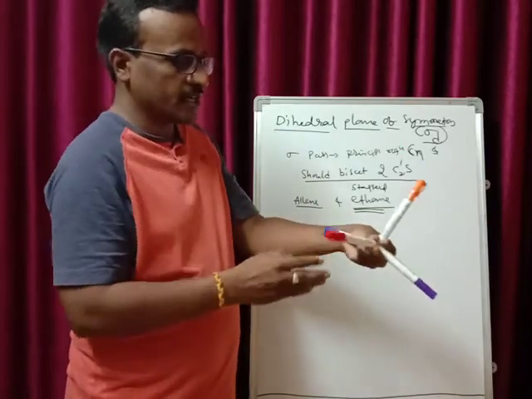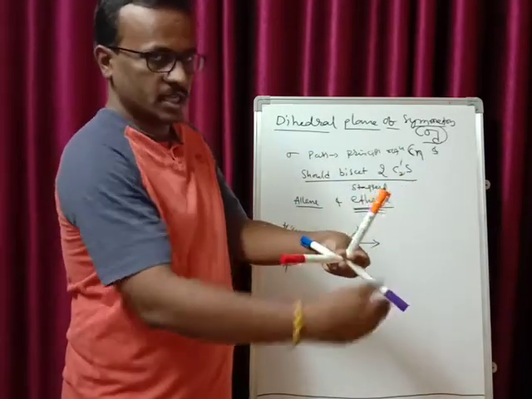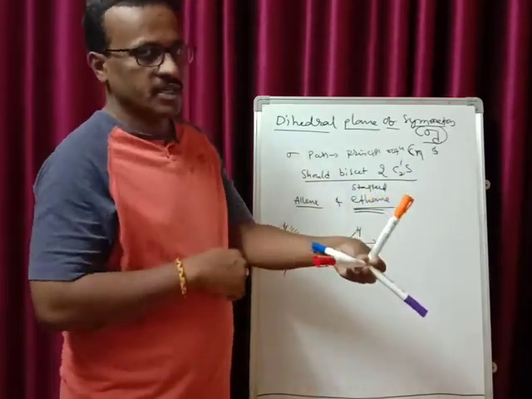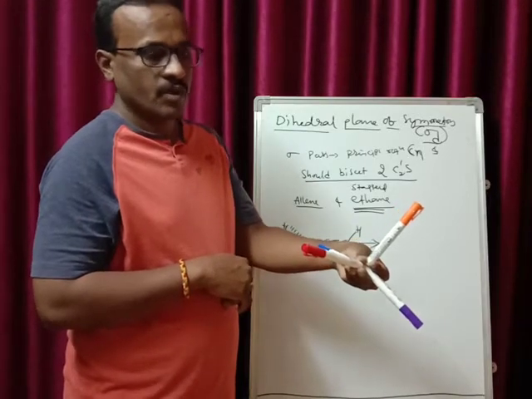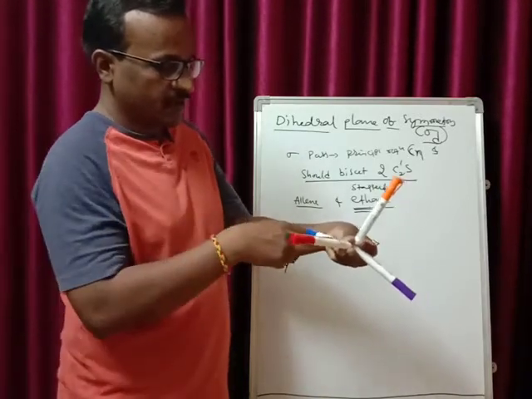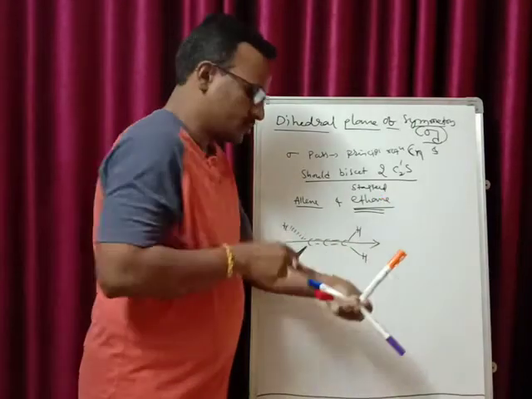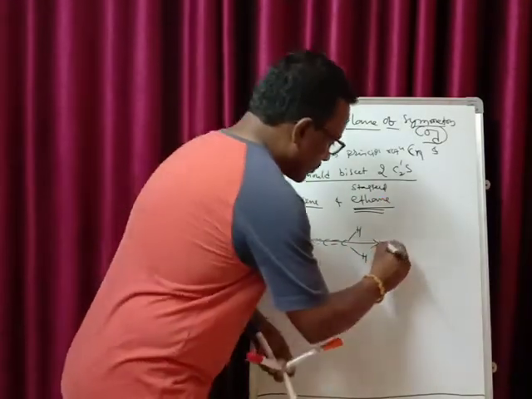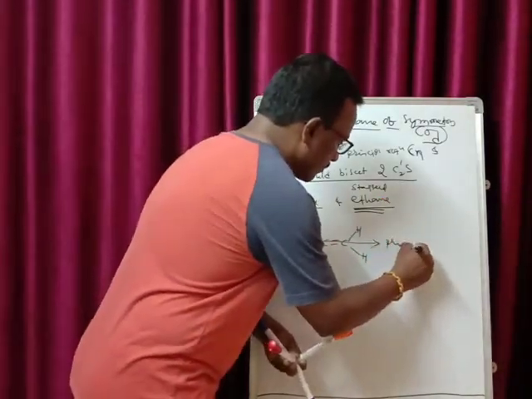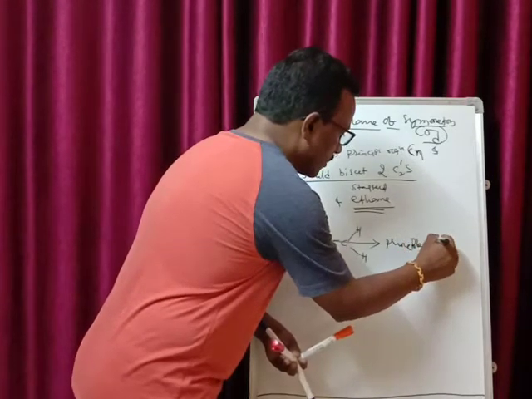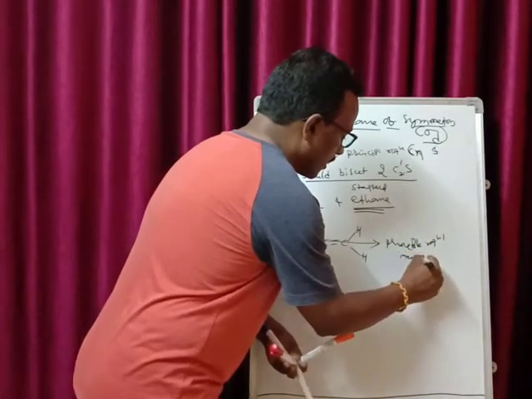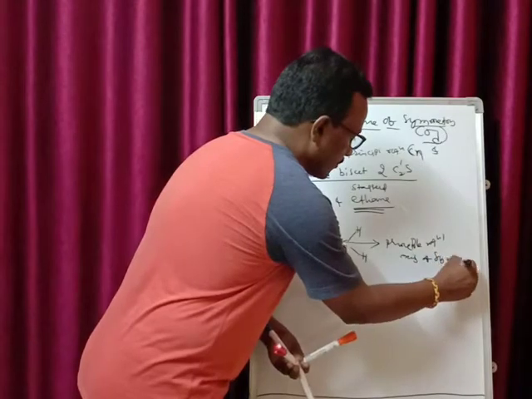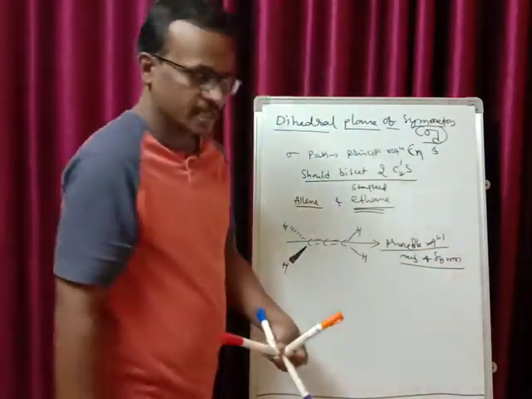That is, if you rotate this 180 degrees, these two hydrogens change their position and these two hydrogens change their position. So this is one C2. That is, this C2 is passing through the maximum number of atoms. This will become the principal rotational axis of symmetry.